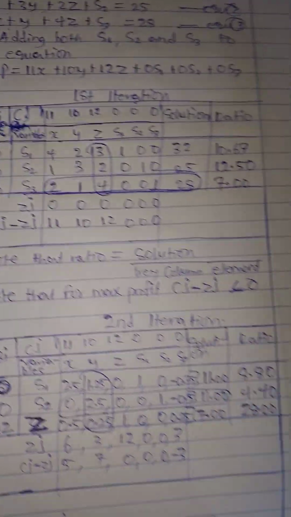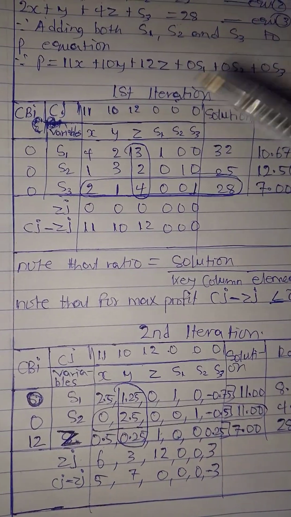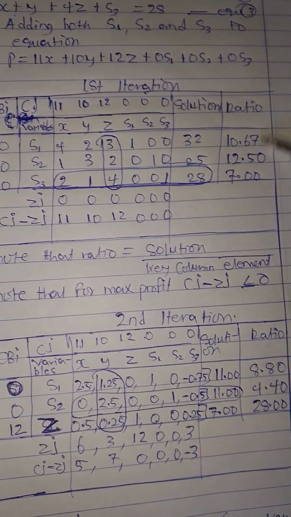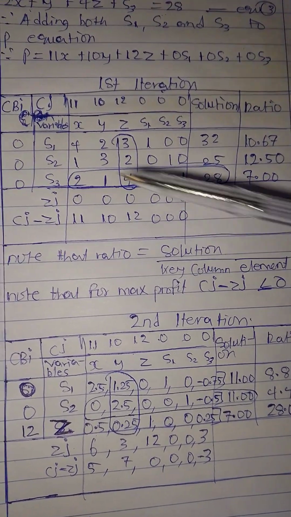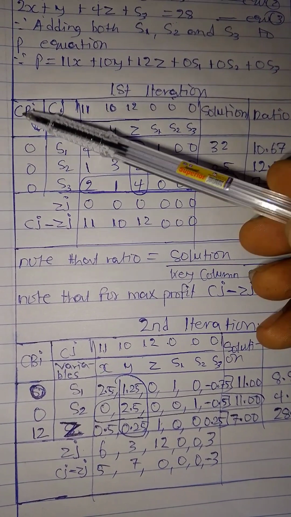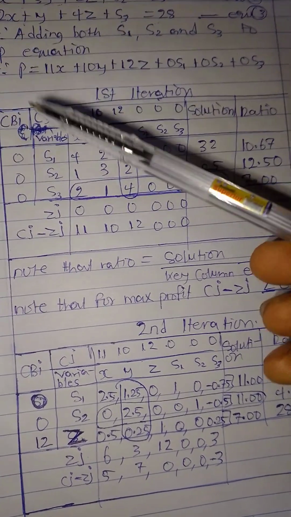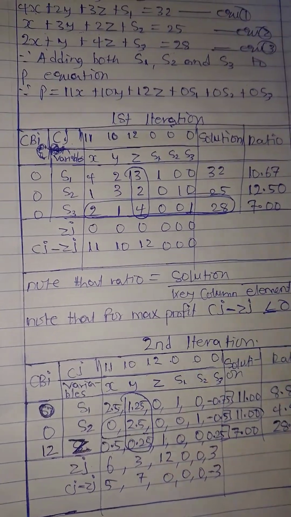Now after doing that, let's find our iterations. So first, to solve this, I have to draw a table. You understand? Once after drawing a table, I have to draw a line. This is the line I drew. Where here is CJ, which simply means the coefficient.